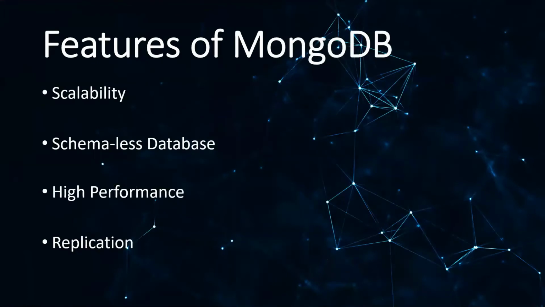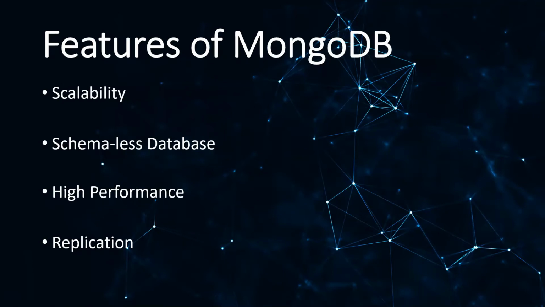Now let's have a look at some of the features of MongoDB. The first one is scalability. MongoDB provides horizontal scalability. It distributes data on multiple servers and a large amount of data is partitioned into data chunks.